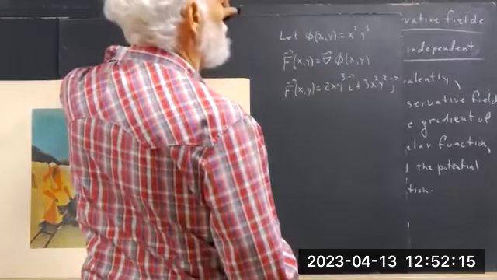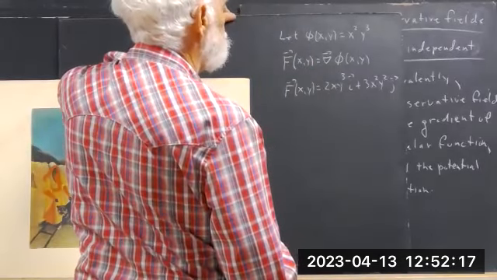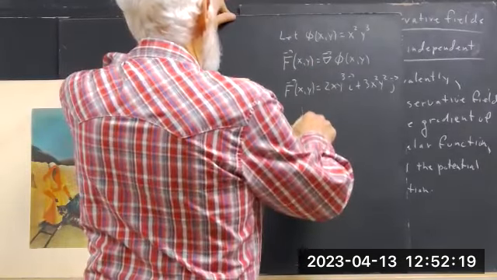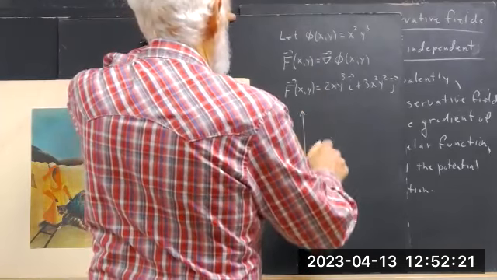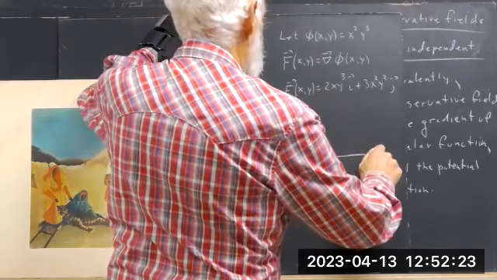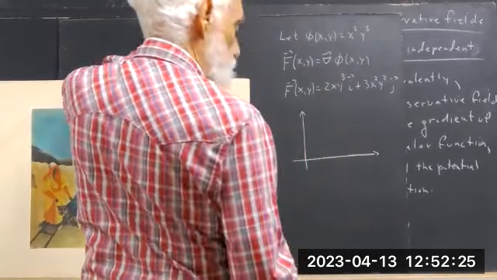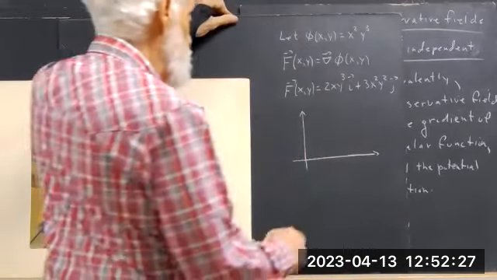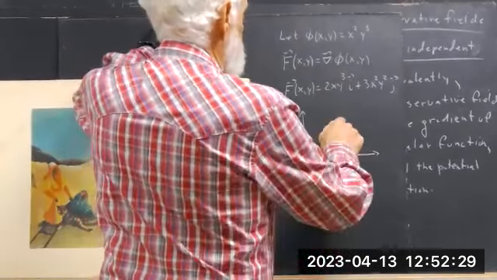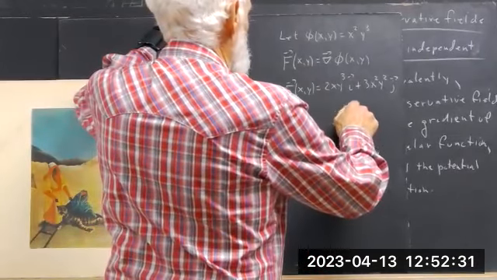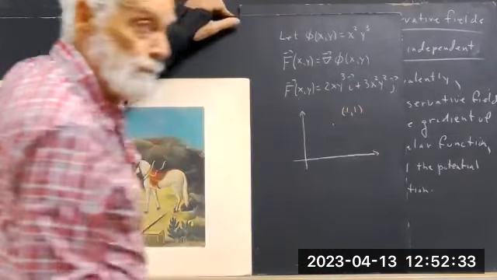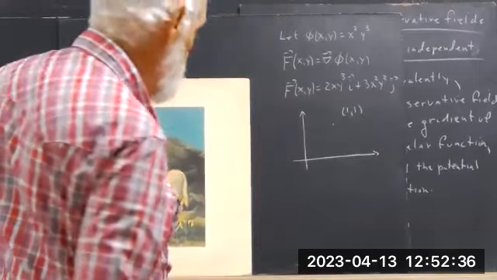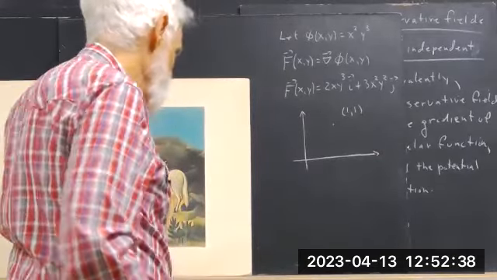Okay, so now I want to go from 0, 0 to 1, 1, to make it really easy. And we're going to do 3 paths. First path.